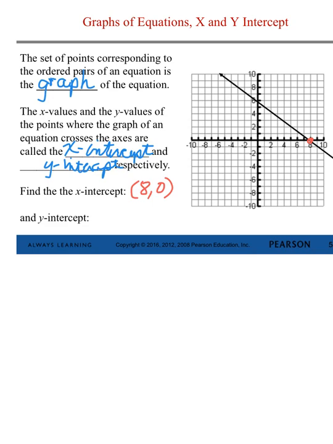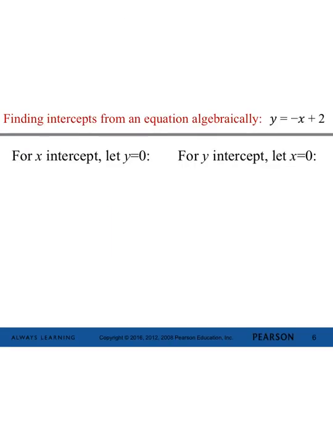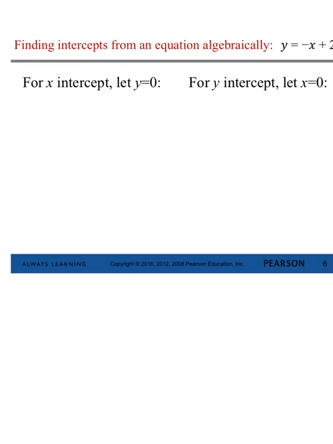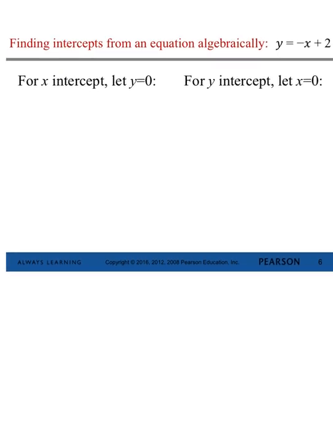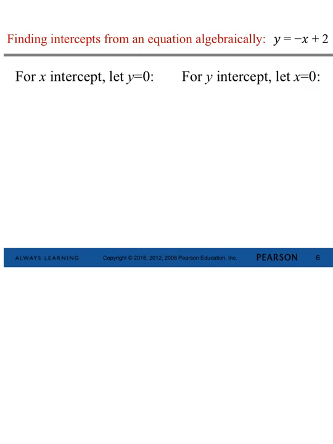And our y-intercept then is where our graph crosses the y-axis, and that appears to be at the point 0, 6. Now we can also find intercept values from an equation algebraically.